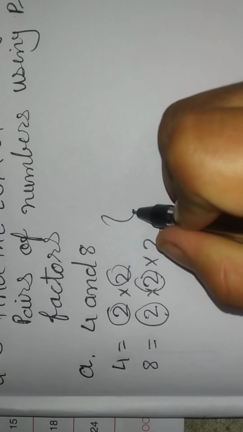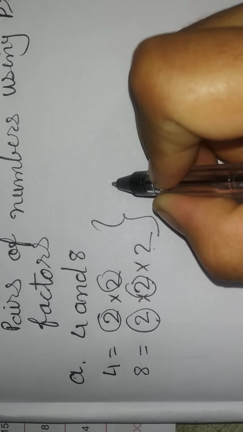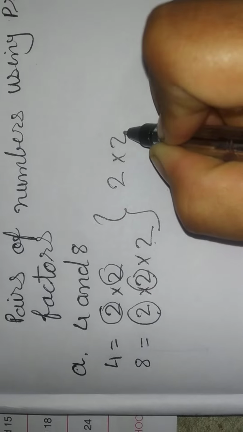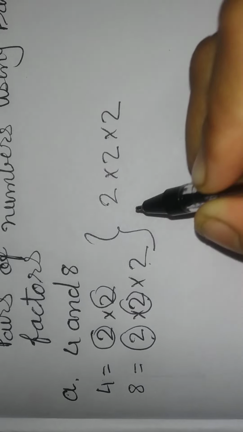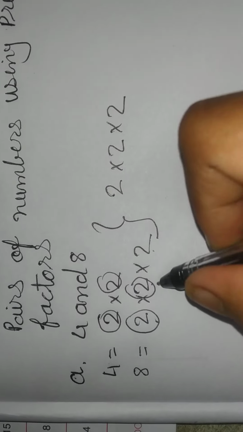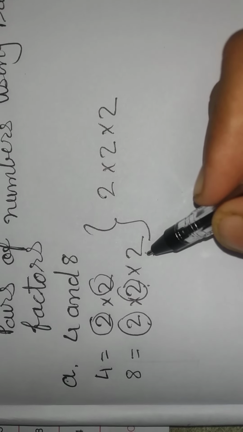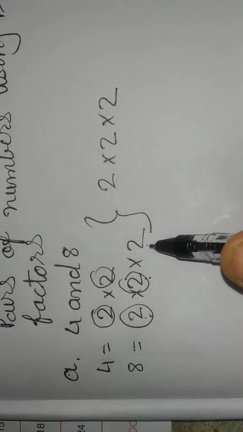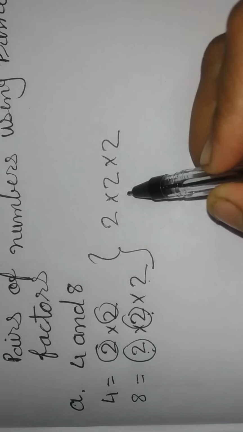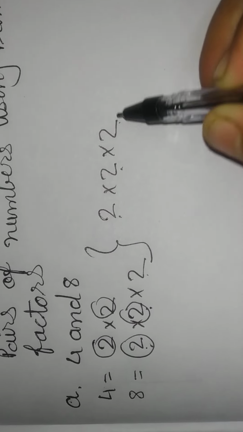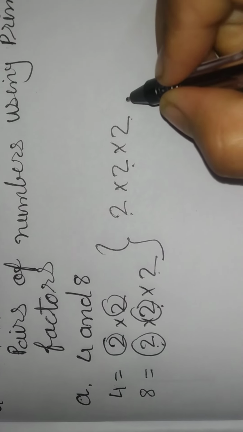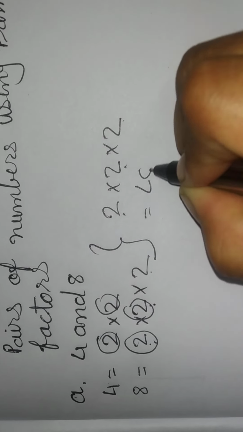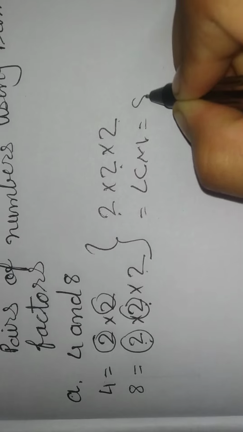So here we'll write 2 into 2 into 2, because we have to write the common factors and the non-common factors also. So common factors are 2 and 2. The non-common factor is also 2. So 2 2s are 4, 4 2s are 8. The answer is LCM is equal to 8.